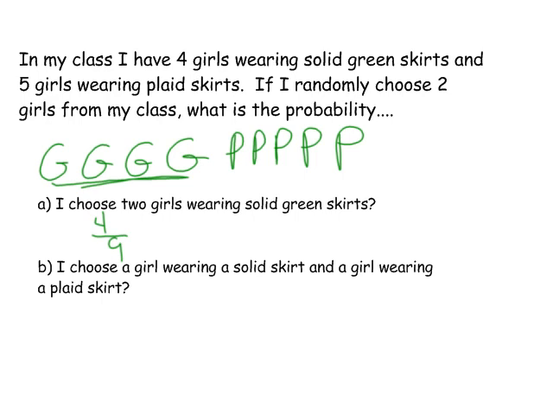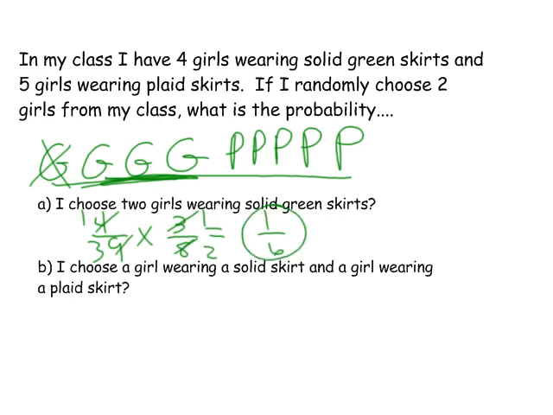And then we assume I do choose that girl. And so now the probability the second one is also wearing a solid green skirt is 3 out of 8. We'd want to simplify first before we multiply. And we get 1/6.